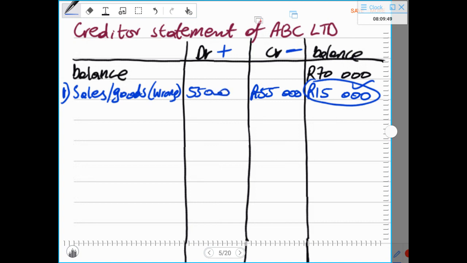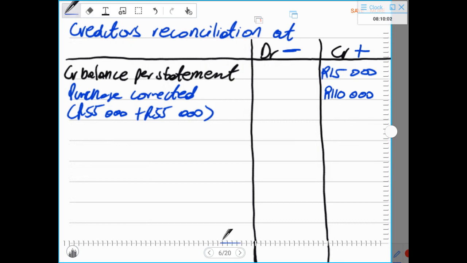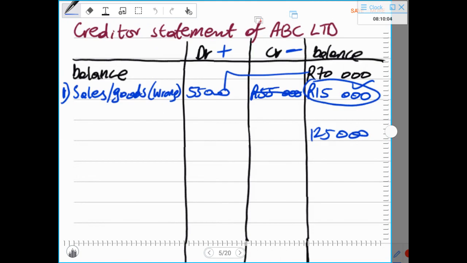So now this was not going to be there. 70 plus 55, we have seen that it gives us the same amount of 125,000, which is the correct amount after we have accurately adjusted that incorrect amount on the wrong side.